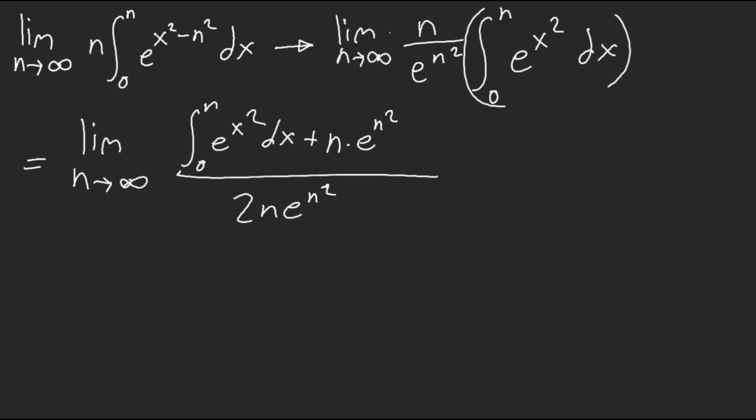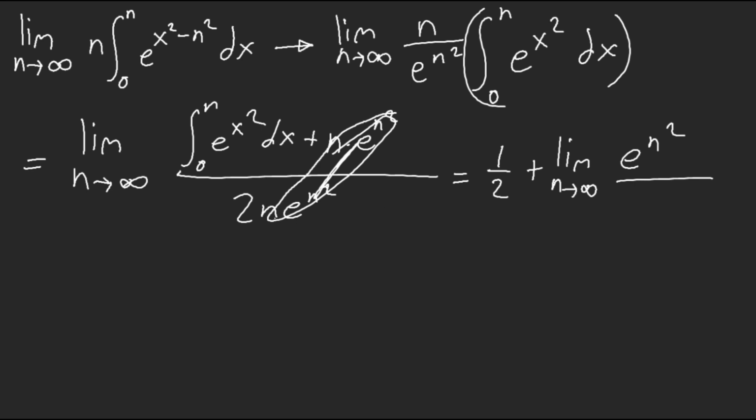So now what do we do? We know this portion here, this right side, is equal to a half. A half plus, but then we still have this limit that we have to deal with, right? Of course, we could do L'Hopital's rule again on e to the n squared, but then this whole portion is product rule. So e to the n squared plus n times 2n e to the n squared. That's what we have here.